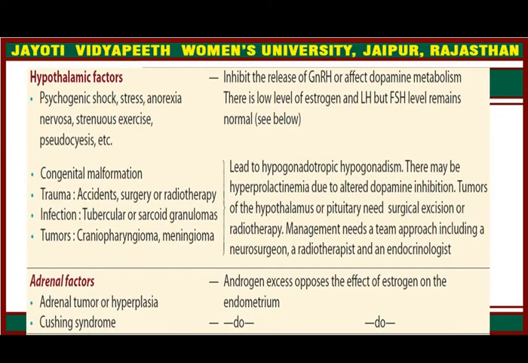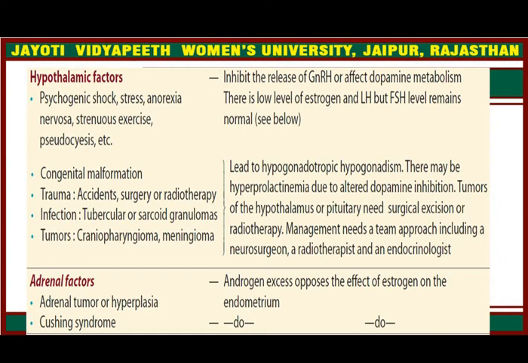Hypothalamic factors. Here psychogenic shock, stress, anorexia nervosa, pseudocyesis might cause amenorrhea. Here the estrogen level will be low, and LH and FSH levels generally remain normal. Again, congenital malformation, trauma, any infection, and tumors like craniopharyngioma or meningiomas may lead to this amenorrhea.